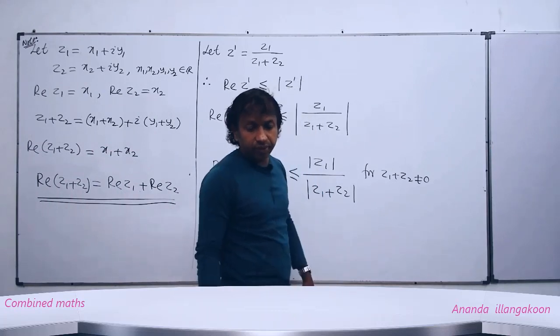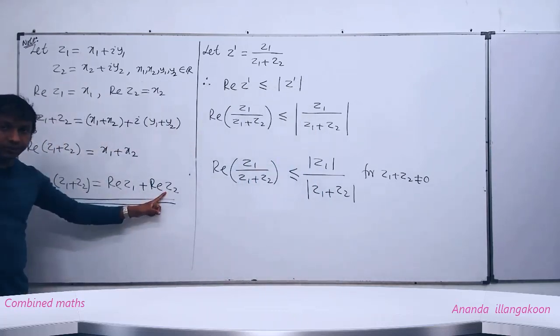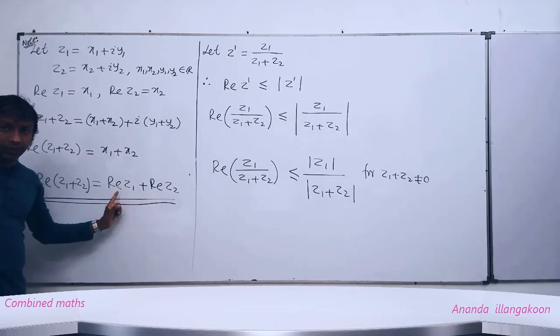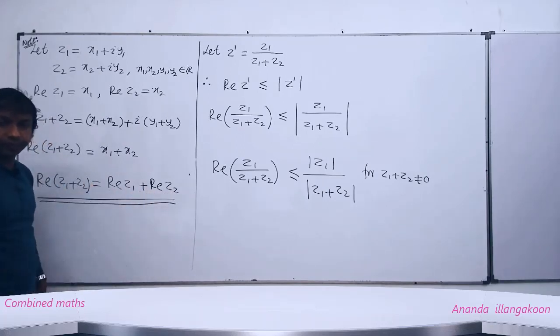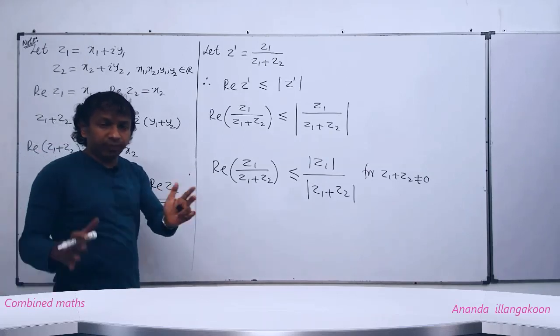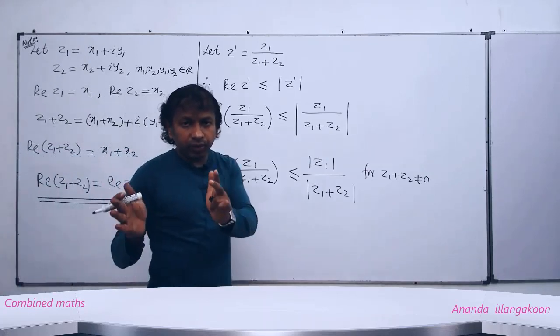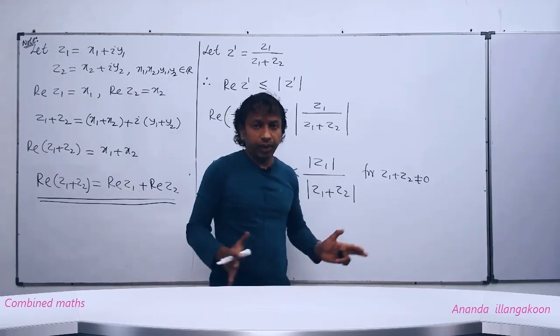What is the result? There are two complex numbers, Z1 and Z2. We separately find the real part of Z1 and the real part of Z2, and we add them up.